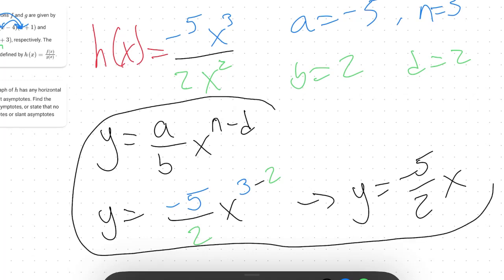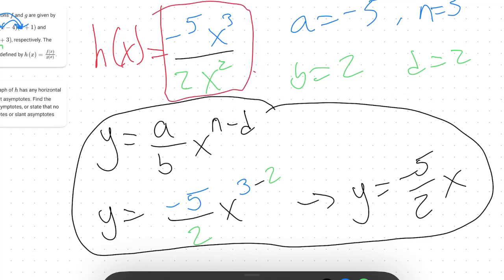All this is not necessary, right? You could have gone from here, where h of x, to your answer, as long as you understand it. But I showed this process to you so you can better understand it.